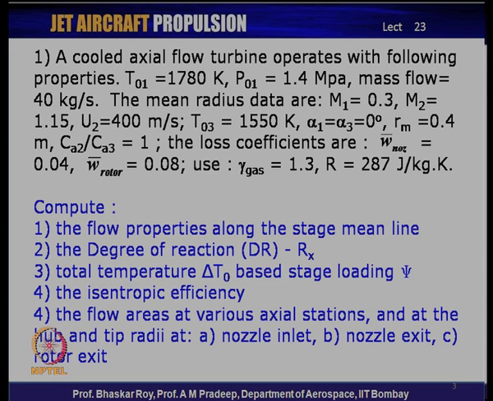So, we will try to compute this, and then the isentropic efficiency which has been defined, and the flow areas at various axial stations and at the hub and tip radii, at the nozzle inlet, at the nozzle exit and at the rotor exit. So, let us take a look at the parameters that are given, and see what kind of solutions we can get out of this problem that has been stated here.